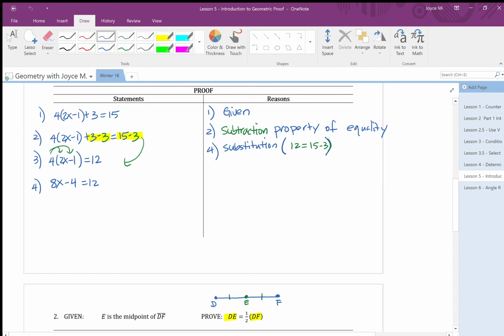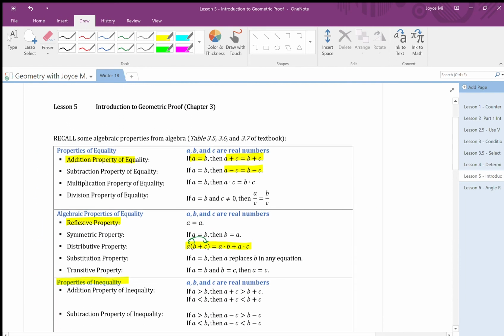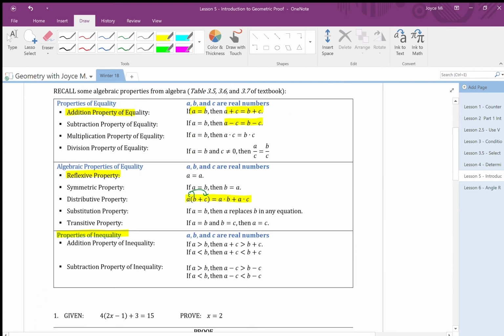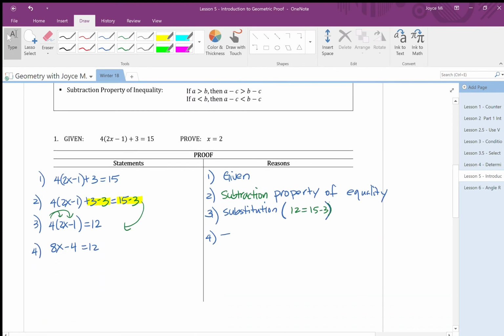Let me write the step correctly. This is step 3, this is 4. So this is the distributive property of equality. Again, you can just look at the name right here, called distributive property.